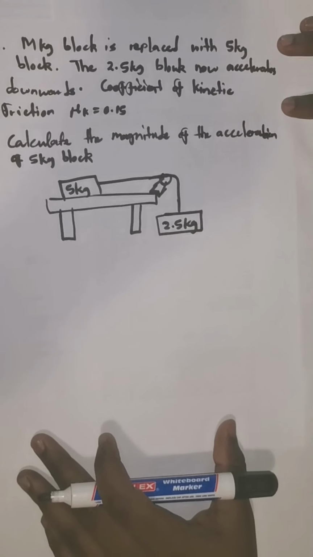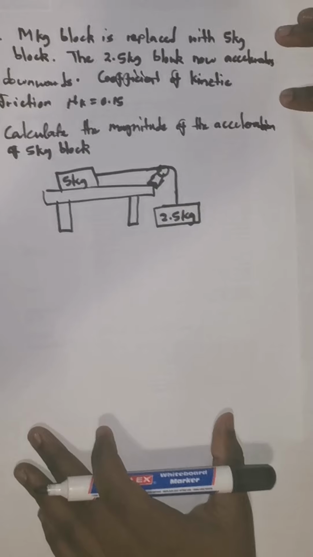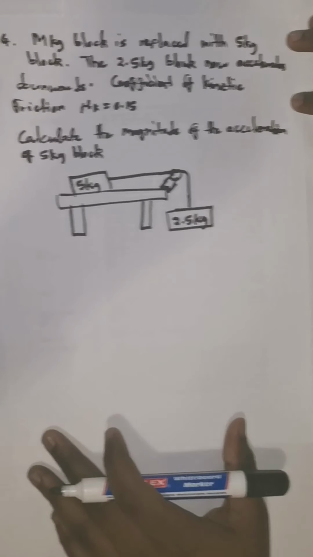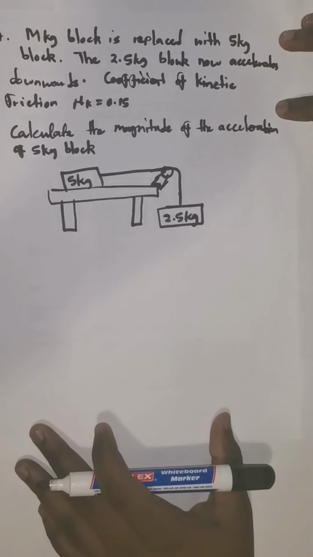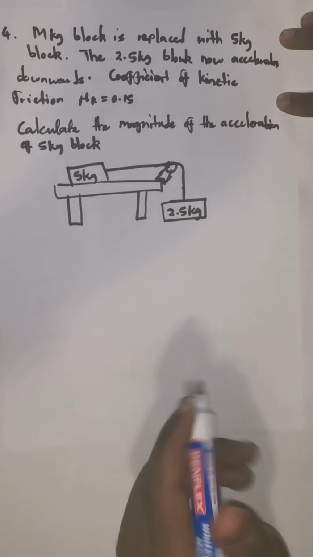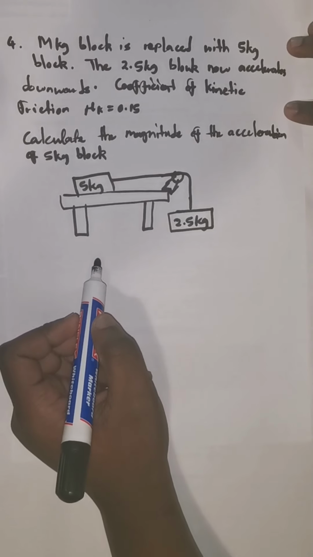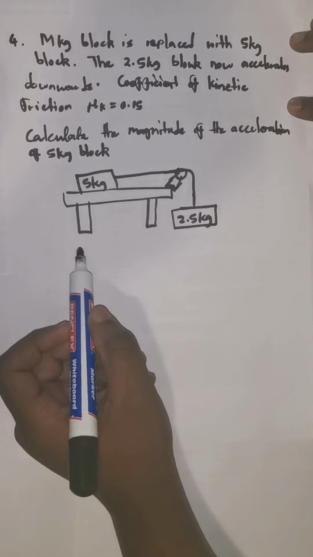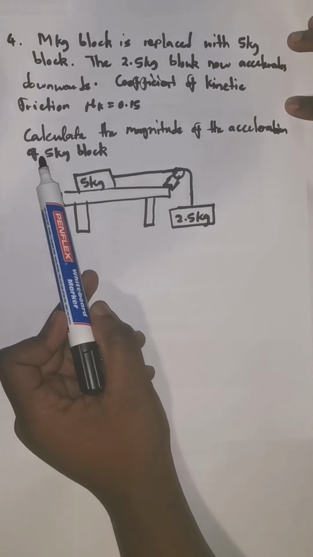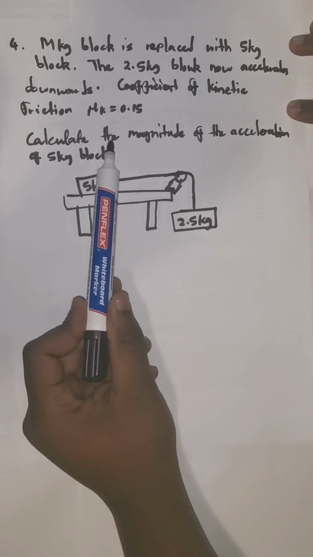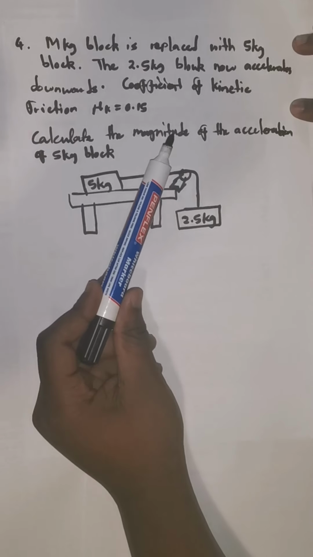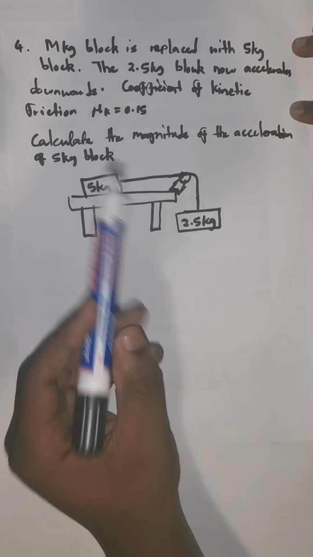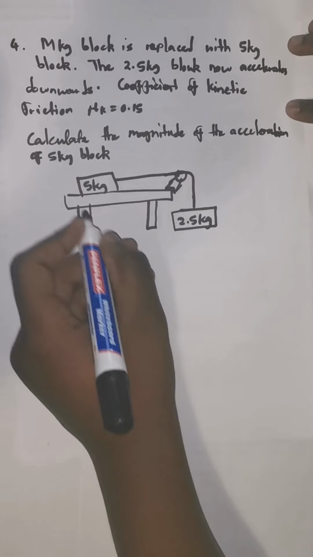For our fourth question, we're told that the m kg block is replaced with a 5 kg block, and then the 2.5 kg block now accelerates downwards, and the coefficient of kinetic friction is 0.15. And then we need to calculate the magnitude of the acceleration of the 5 kg block.